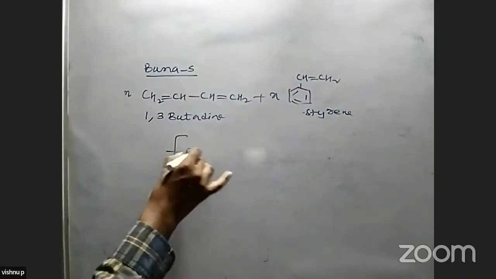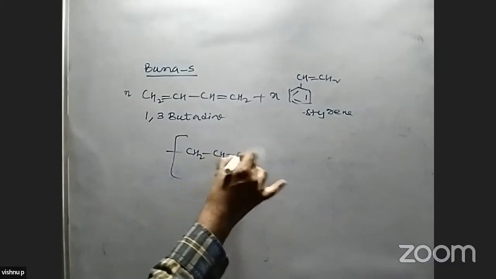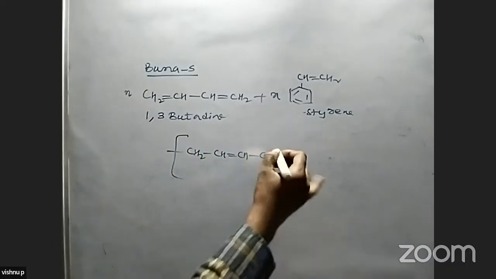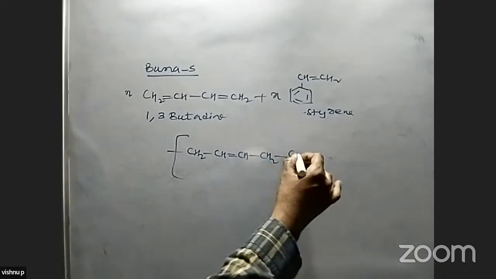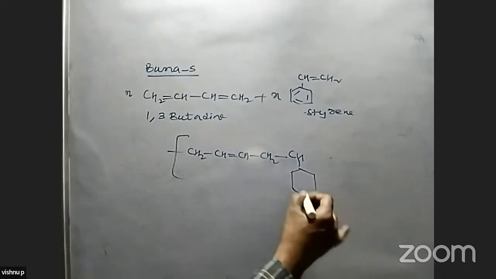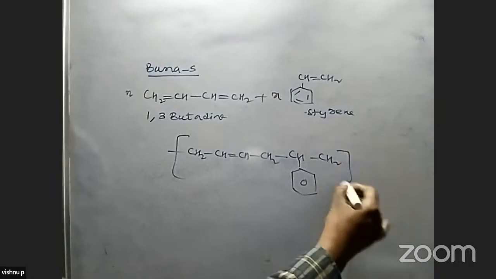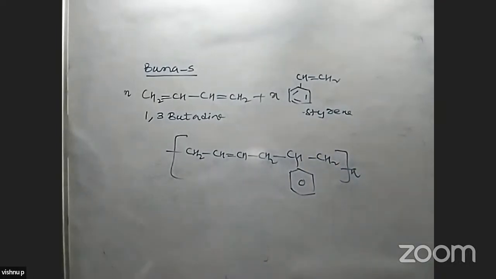And what is the polymer formed here? CH2, CH double bond CH, CH2 with CH with a benzene ring, and with a CH2, with n number of molecules, are formed in this.